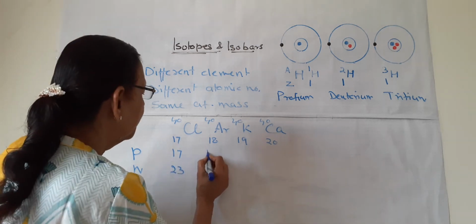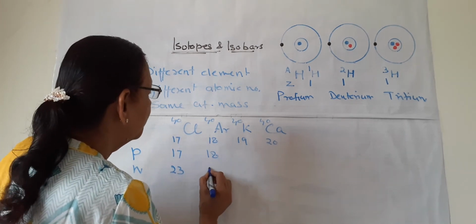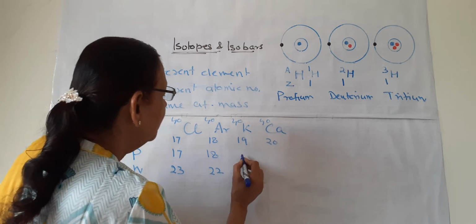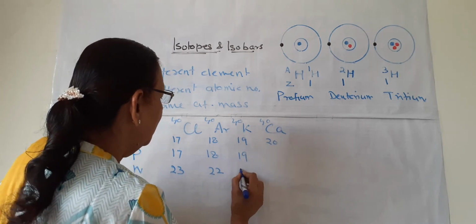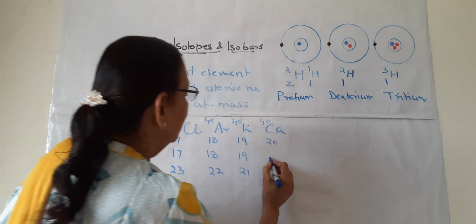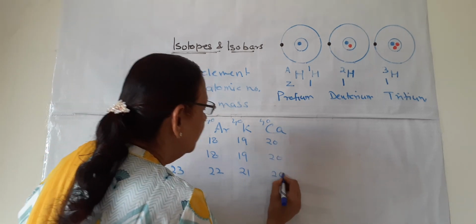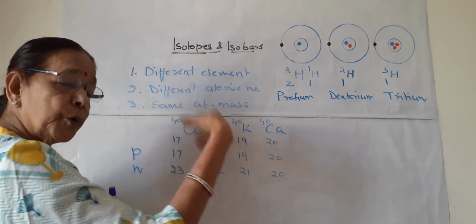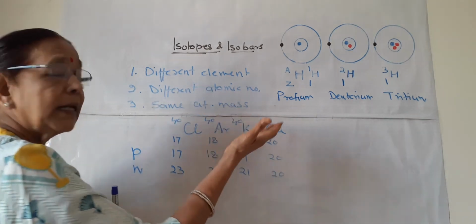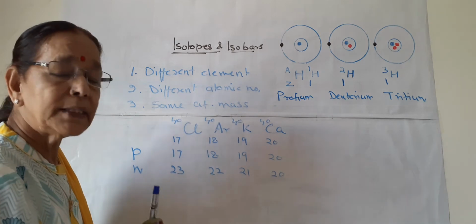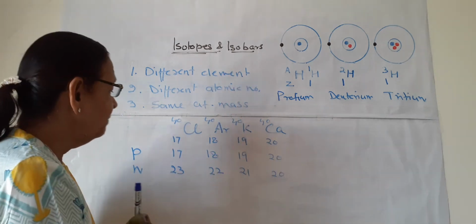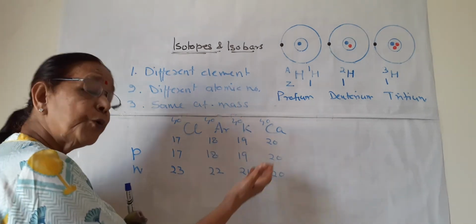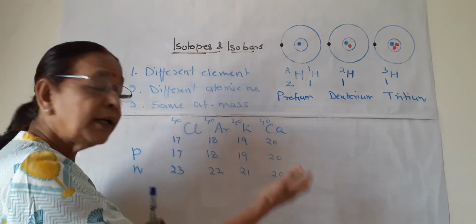Argon has protons 18 and neutrons 22. Potassium has protons 19 and neutrons 21. Calcium has 20 protons and 20 neutrons. So you can see the number of protons is different because these are atoms of different elements, and the number of neutrons is also different.